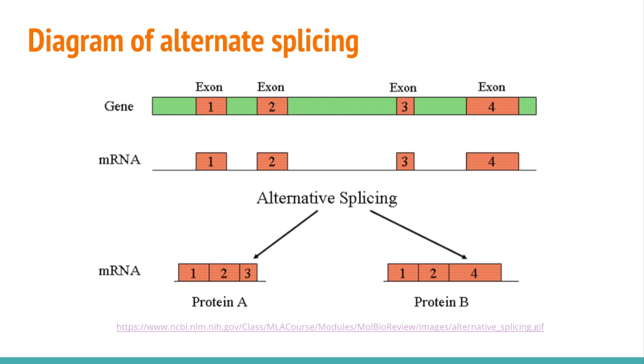In protein A, you have exons 1, 2, and 3. And in protein B, you have exons 1, 2, and 4. And that results in a completely different protein with a completely different shape than before. And that will result in a protein that bends and folds differently than protein A, and a different function, therefore, as well.